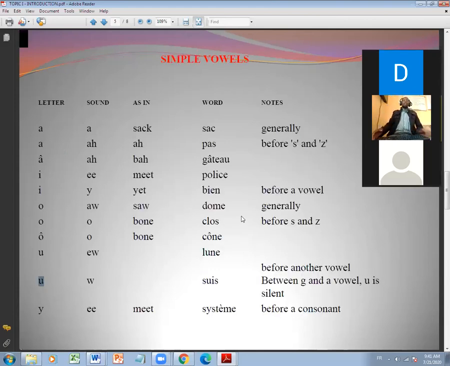Letter Y, you can see it's the same as E. Remember this? The same thing here. Look at letter I, the fourth one. You see, it's the same, E, just like the word meat. Look at the word system. This is French, système. So before a consonant, when you have got a consonant, then in front of it, we have got letter Y, okay?